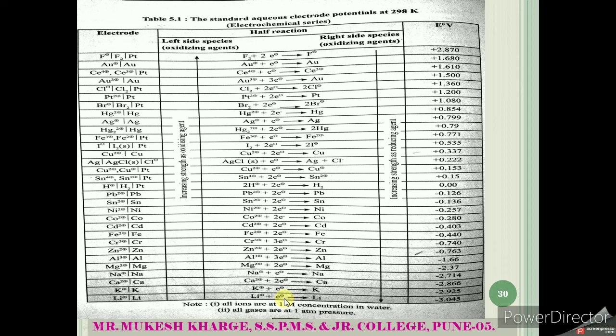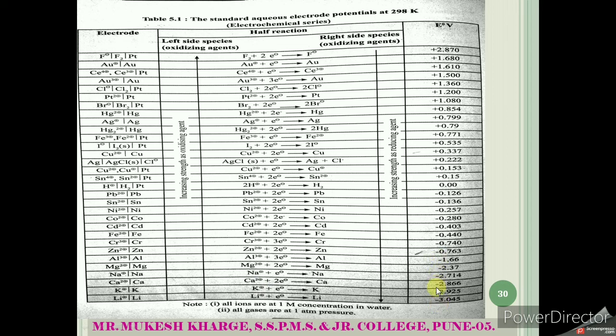So they have a tendency to oxidize themselves, but they reduce other substances. If you observe lithium, potassium, sodium, they are in metallic form and they are good reducing agents. They themselves undergo oxidation and they reduce other substances. So their SRP value is negative.